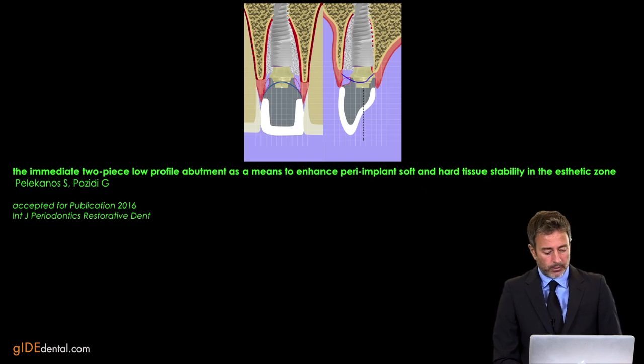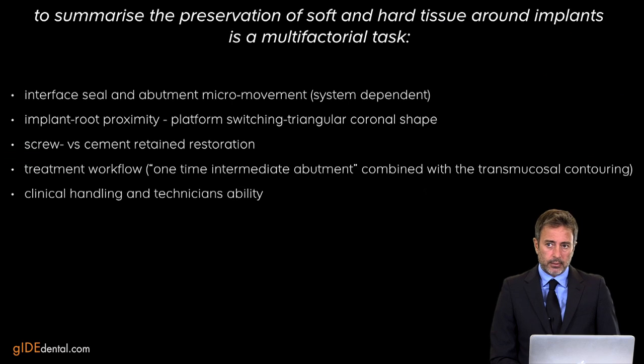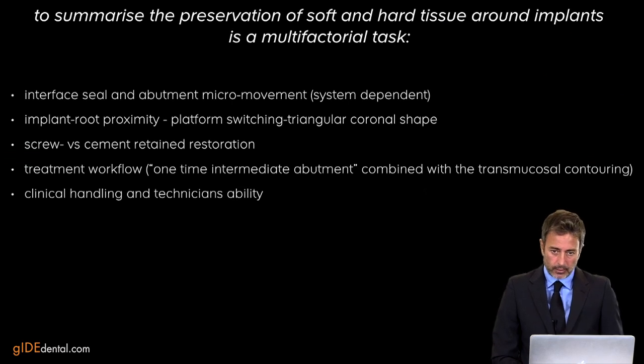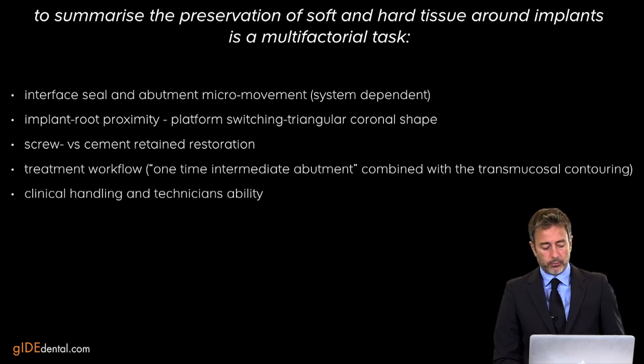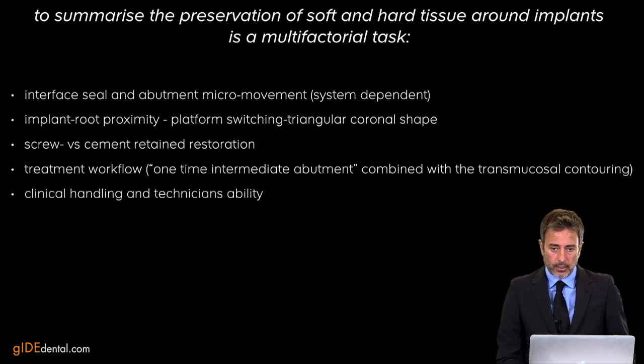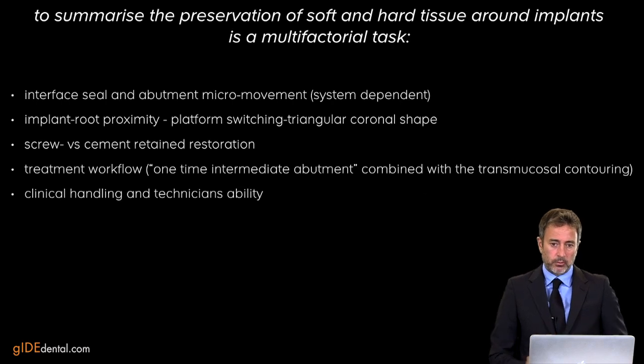It's accepted for publication. We have done more or less 20-25 cases in the last 2 to 3 years, and it seems to be very, very promising. We have really stable results in a way that with the abutment we are not interfering with the soft and the hard tissue at the implant head.